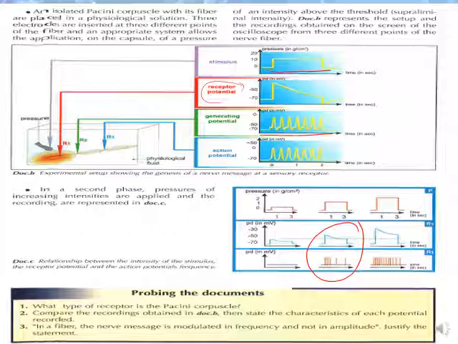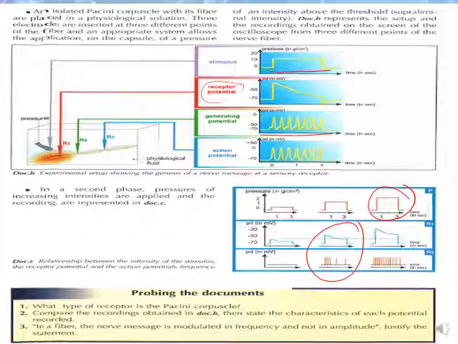As we increase to 2.5 gram per centimeter square, the action potential frequency is higher than that obtained before, and the receptor potential increases to about minus 30 millivolt, but the amplitude of the action potential remains the same. This indicates that the pressure 2.5 is an effective one. An increase in the intensity causes an increase in the frequency, but not in the amplitude.